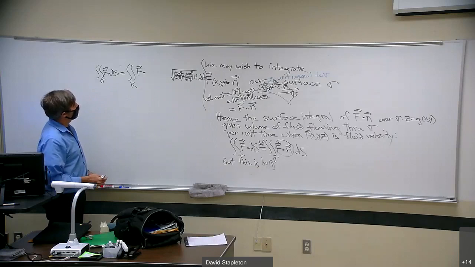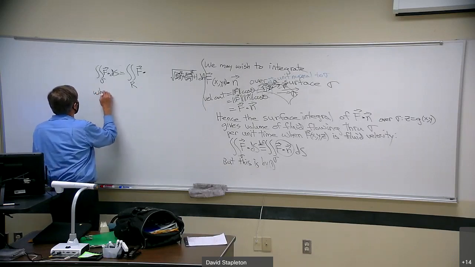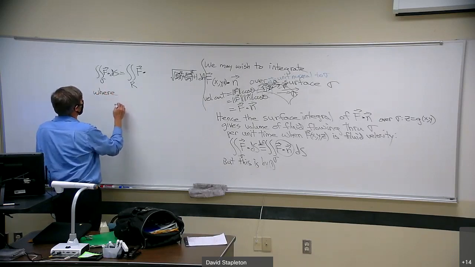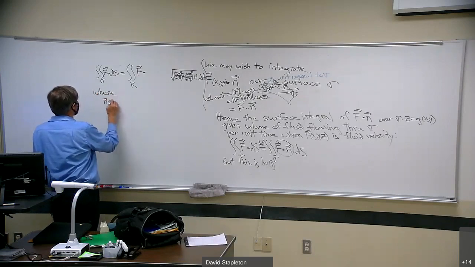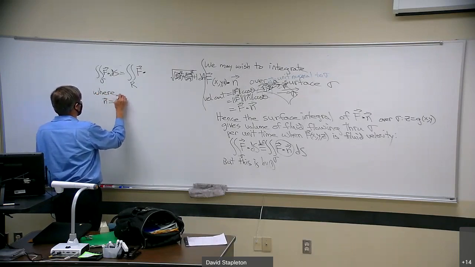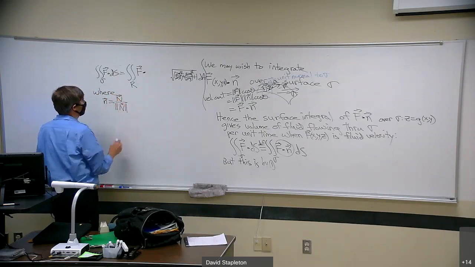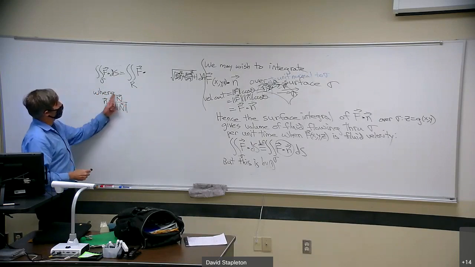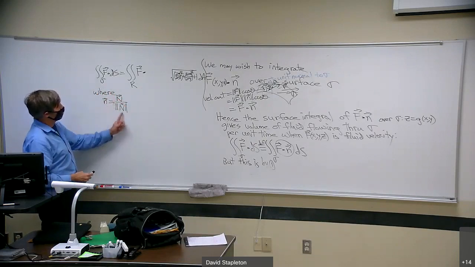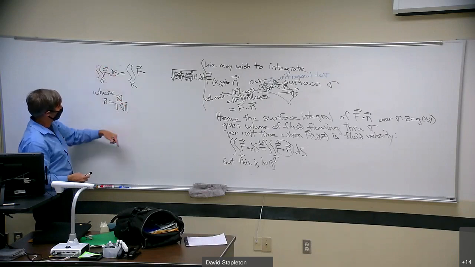And then all we need is the unit normal. So what is the unit normal? The unit normal n is any normal, capital N, divided by its length. Although we have to be careful at this point, because when we do the surface integral, the normal could be up or down, so this could be a unit normal upward through the surface or a unit normal downward through the surface.